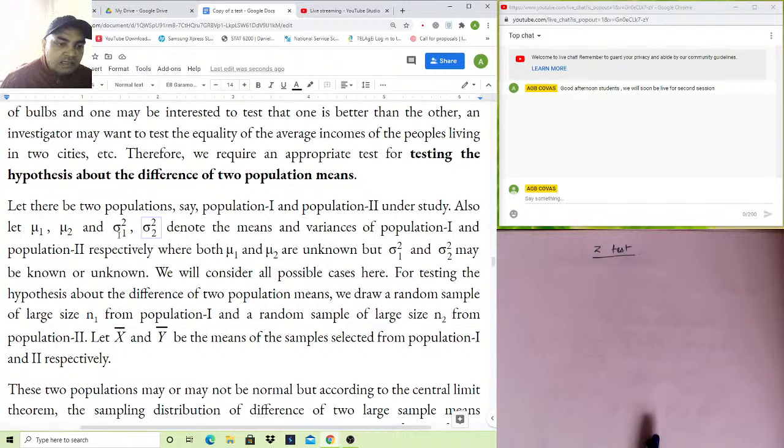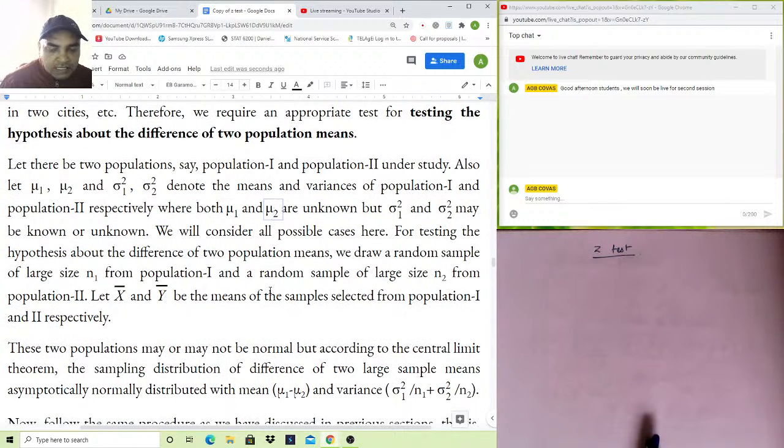These denote the means and the variances of population 1 and population 2 respectively. Both mu1 and mu2 are unknown, that is, we do not know the population means, but the variances of these populations may be known or may be unknown. So now we will consider all possible cases here.